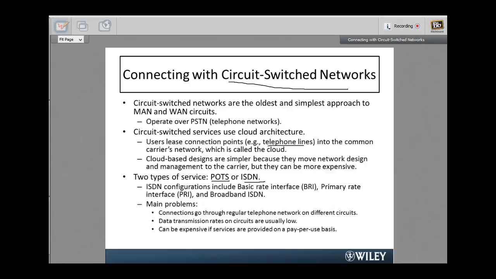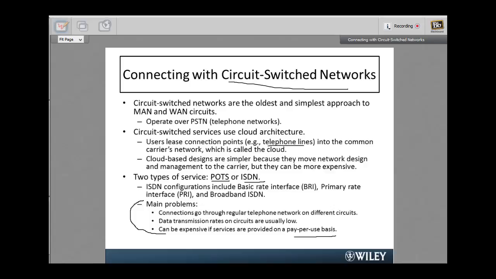The important thing to remember about circuit switched networks is that connections go through the regular phone network on different circuits. Data transmission rates on the circuits are usually low, and it can be expensive if services are provided on a pay-per-use basis. So here, the problem is that the service could be expensive.